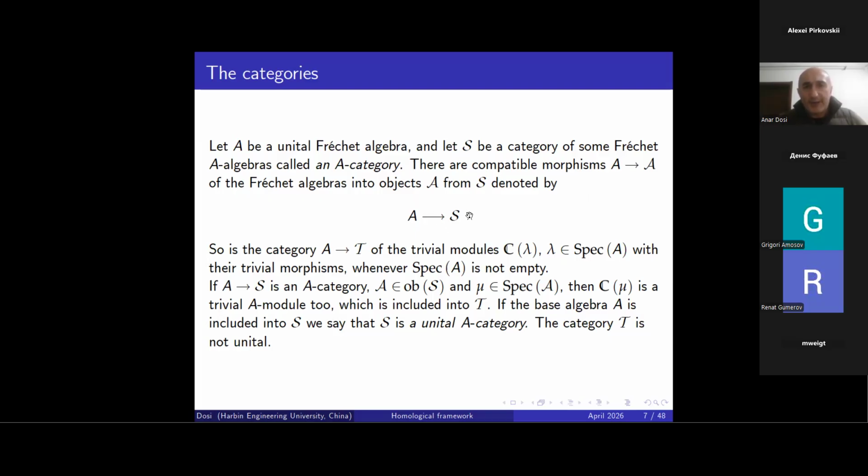Briefly, we'll write it like that: A acting to S is a category. For example, we can just pick up all trivial modules of the source base algebra A, continuous characters, and this is also a category. So A to T. Certainly, if the spectrum is not empty, we have the characters like that.